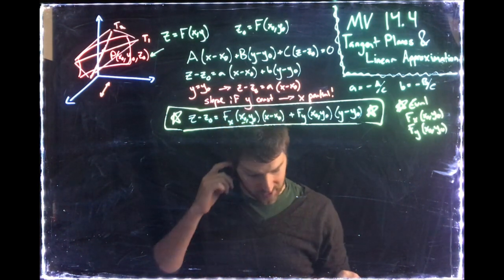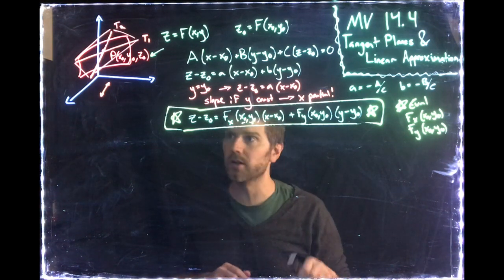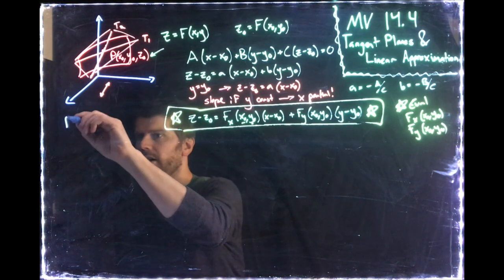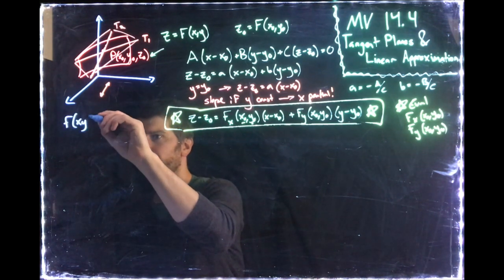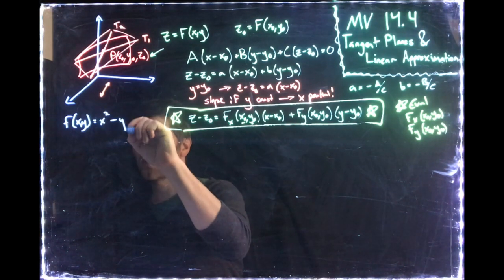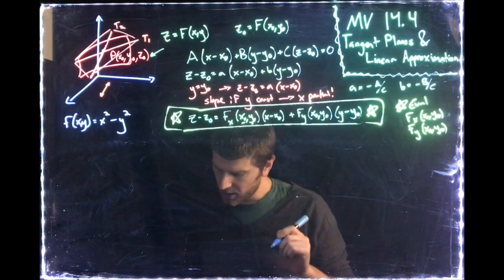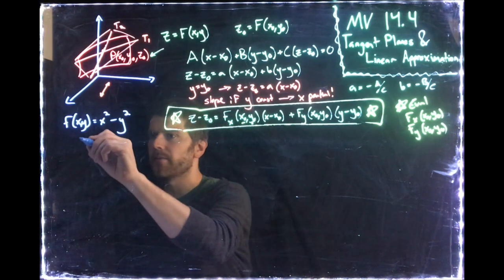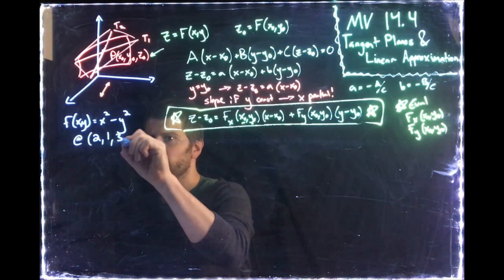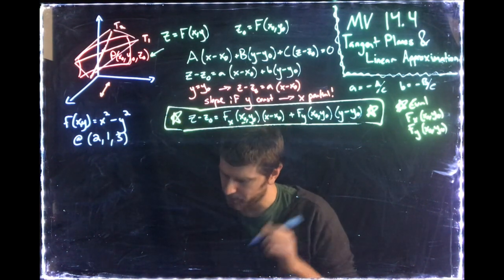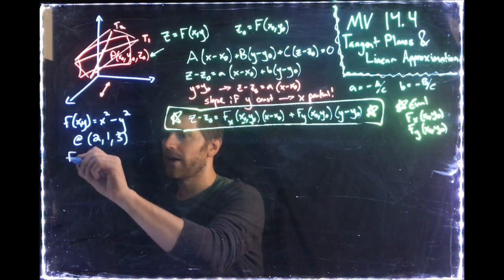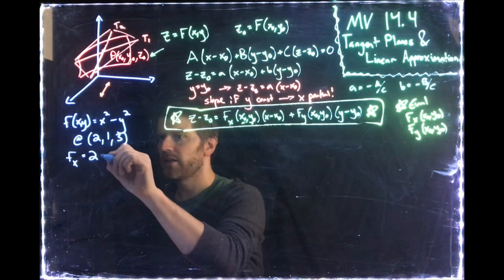So let's try this. We're going to do a little example over here on the side. We're going to take our good old Pringle, f of x, y equals x squared minus y squared, our hyperbolic paraboloid. And I want to find the tangent plane at the point x equals 2, y equals 1, z equals 3, at the point (2, 1, 3). All right, well, first I've got to take some derivatives. fx here is 2x.